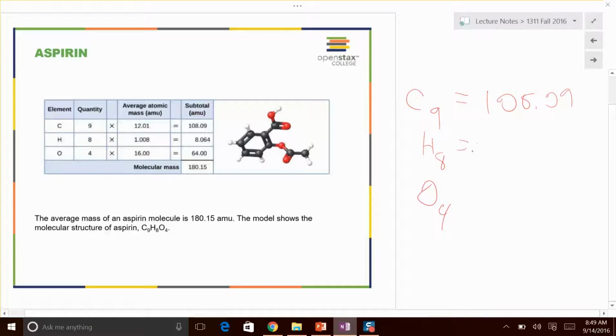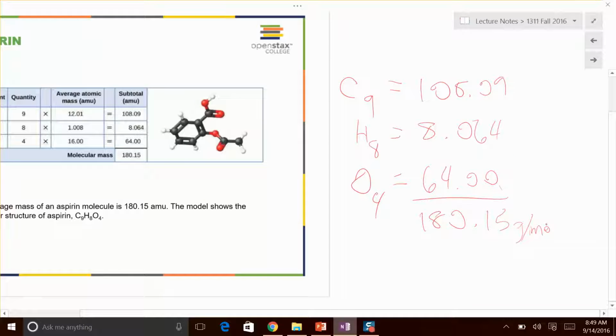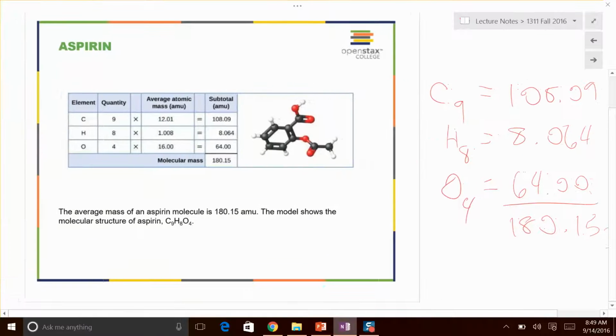Hydrogen times 8 is 8.064 to be exact. And oxygen times 4 would be 64.00. And then you just add those up: 180.15 grams per mole, or atomic mass units, for that item.